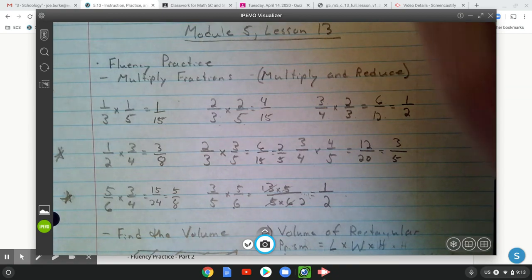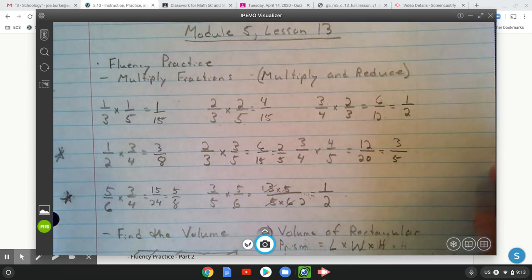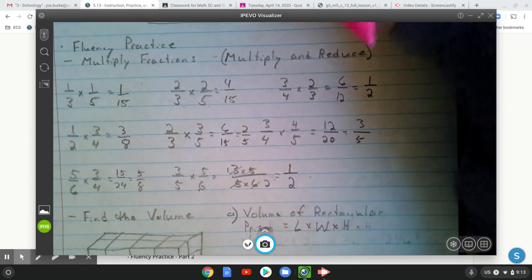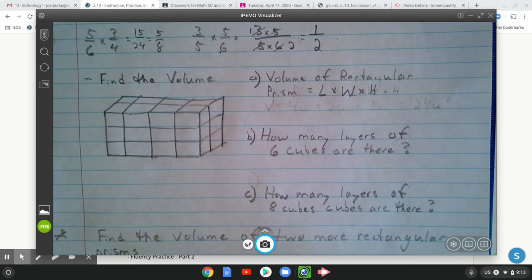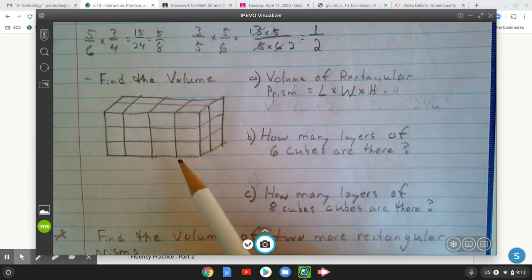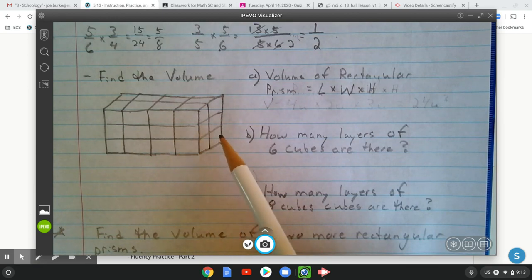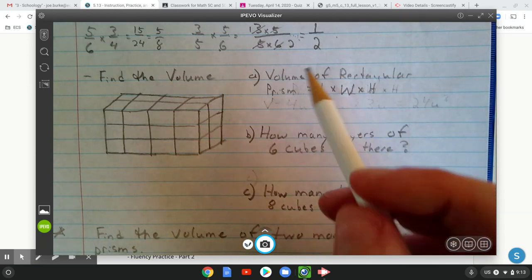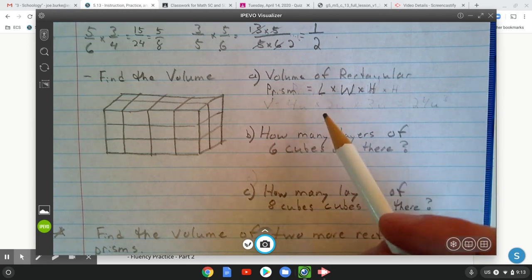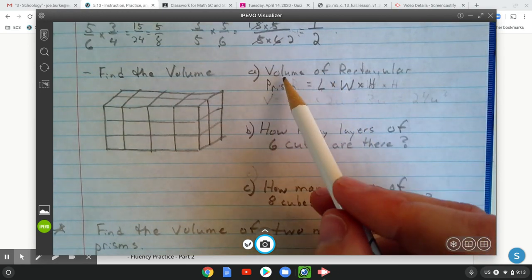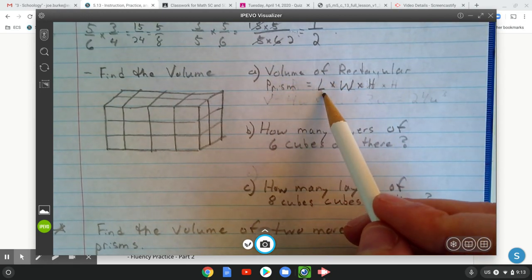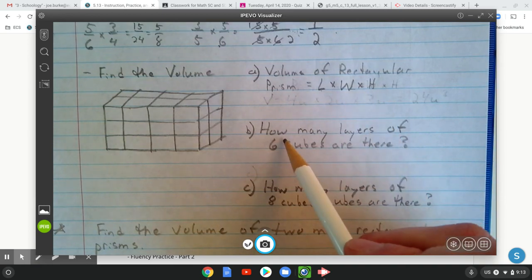Okay, moving on to volume. What I want us to see here is just to practice finding the volume of rectangular prisms. There are 3 parts, and there are 3 parts on the ones that I gave you too. Volume of a rectangular prism is length times width times height.